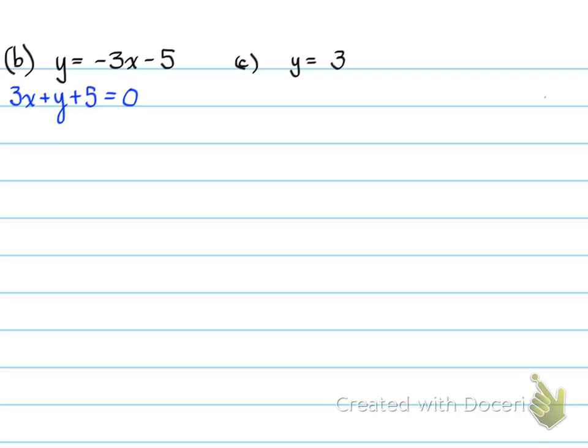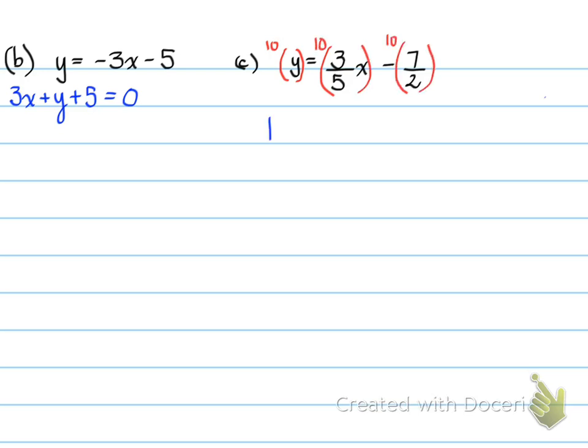Let's try another one. y equals 3/5 x minus 7/2. We need to convert this to standard form. We do this by, A, looking for the lowest common denominator, and multiplying each term by that denominator. So each term gets multiplied by, that's right, 10.